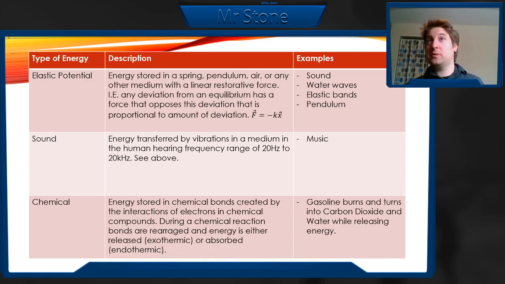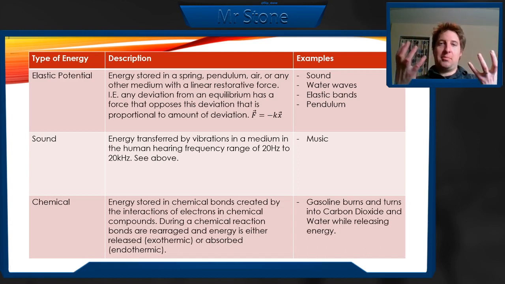Okay. Last one we're going to talk about is chemical energy. So this is the energy stored in chemical bonds. Anytime we have atoms stick together to make some sort of compound, whether it's molecular or ionic, there are bonds, ionic bonds, covalent bonds, however it holds things together, that's energy.